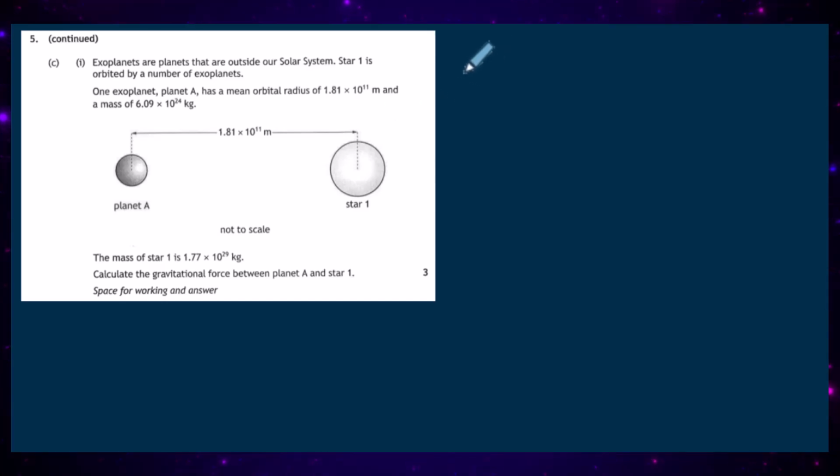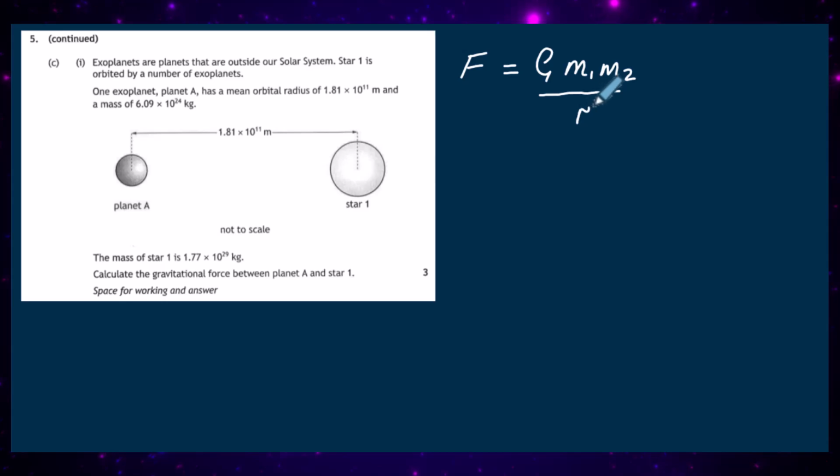From the relationship sheet, we know that the gravitational force between two bodies of mass m1 and m2 is the following. G is the universal gravitational constant, m1 is the mass of the first body, and m2 the mass of the second body, and we're going to divide that by the distance between the centres, r squared.